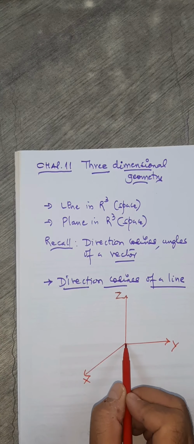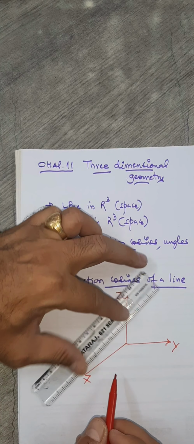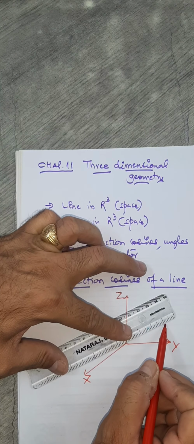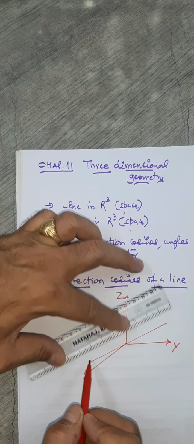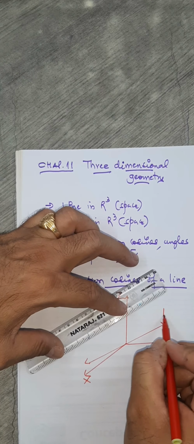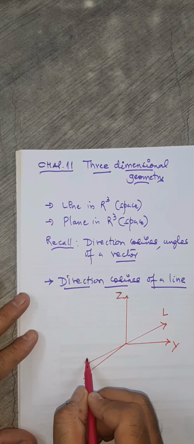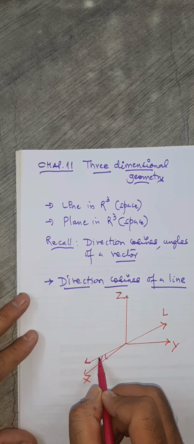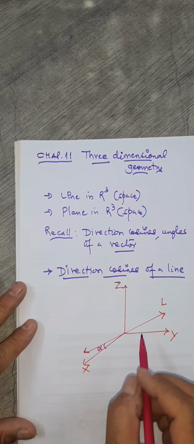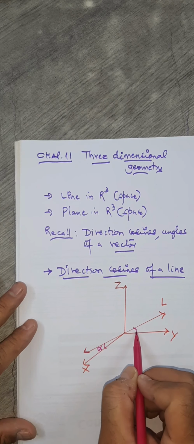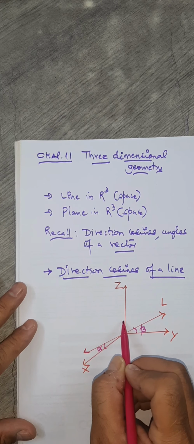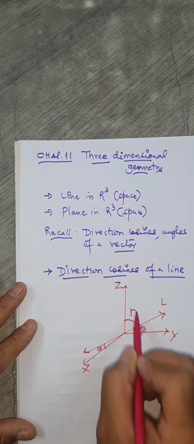We consider a line through the origin, so let's take a line like this that passes through the origin. A line in R3, a line in space. Here let's take alpha as the angle of the line with the x-axis, this angle with the y-axis as beta, and the angle with the z-axis as gamma.